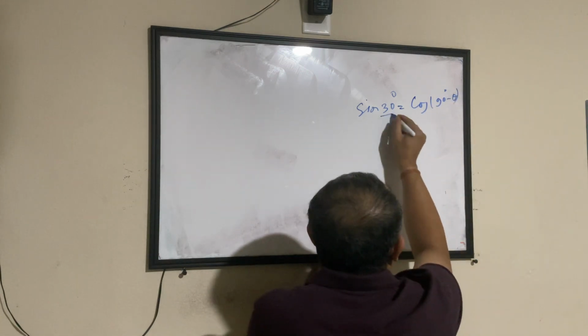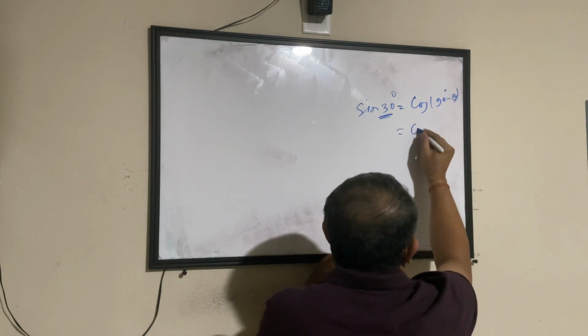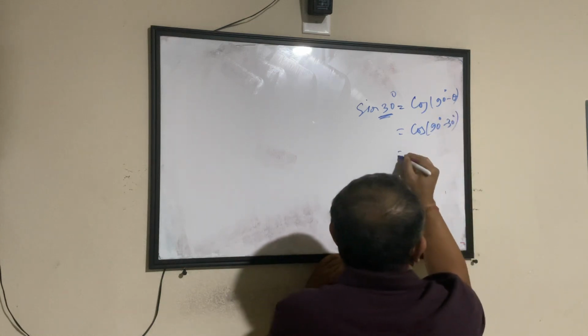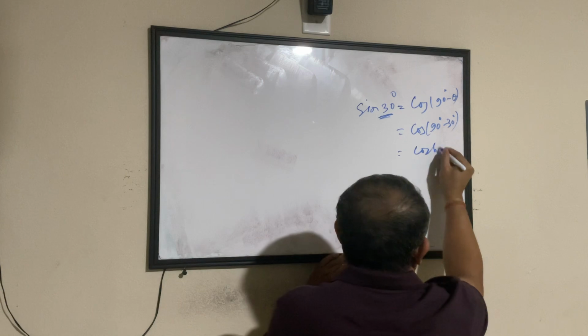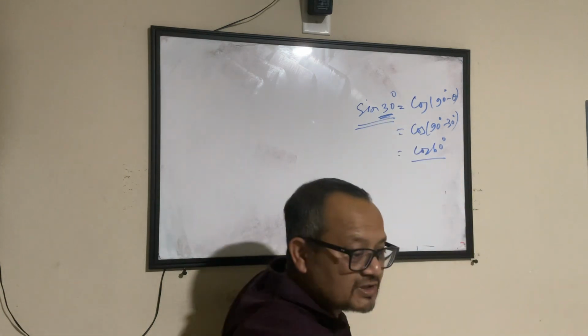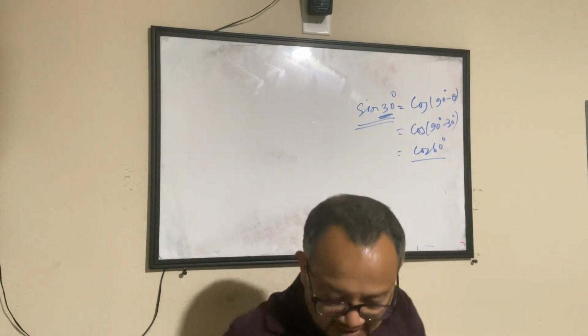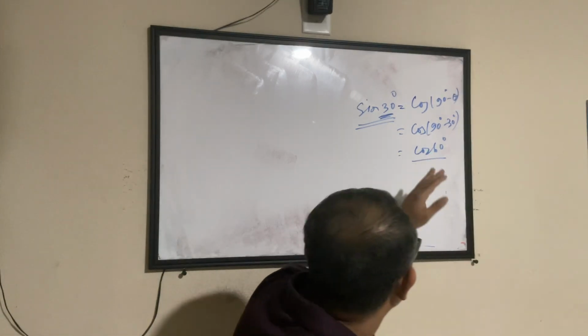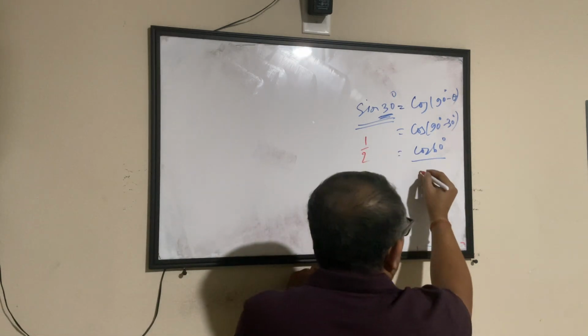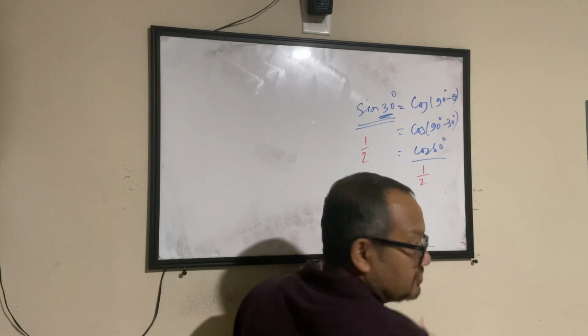That means sine 30 degree equals cos of 90 degree minus 30 degree, which equals cos of 60 degree. So whatever is the value for sine 30 degree, that is equal to cos of 60 degree. And from that you can say, okay, fine, if I know sine 30 degree equals 1 by 2, then cos of 60 degree I don't have to derive, it is 1 by 2.